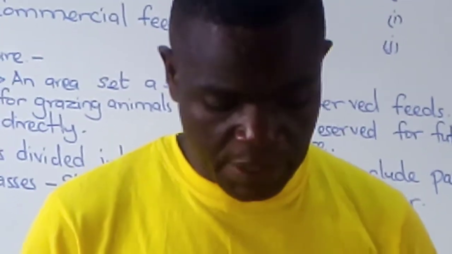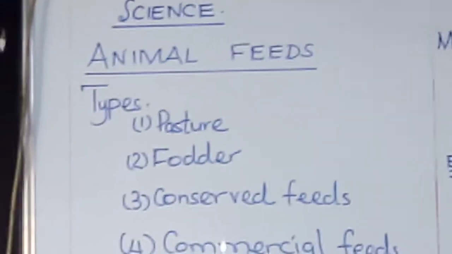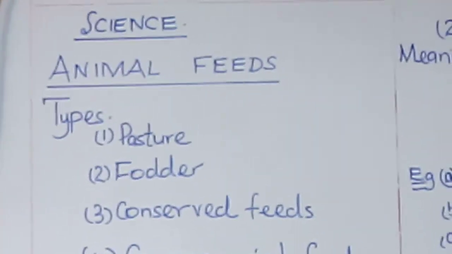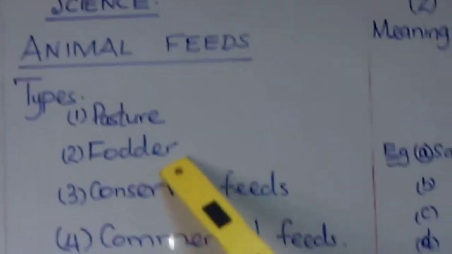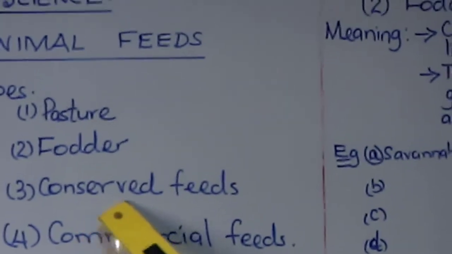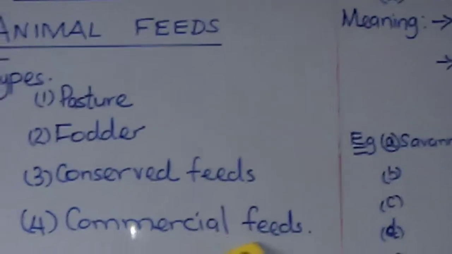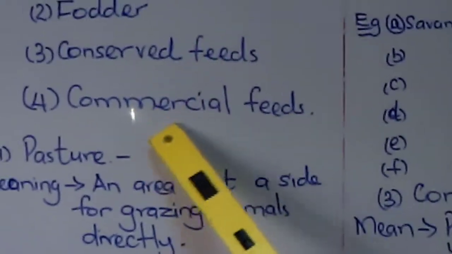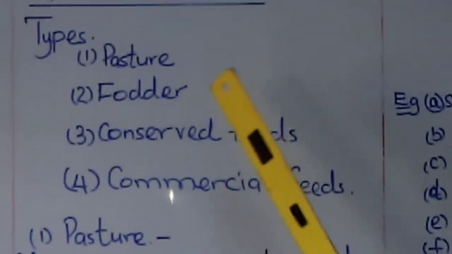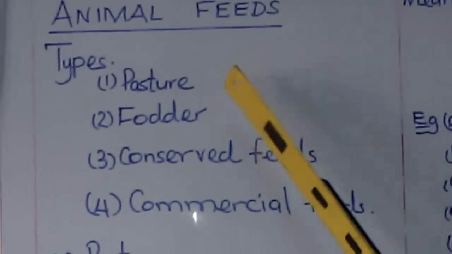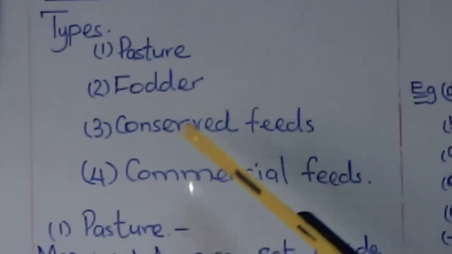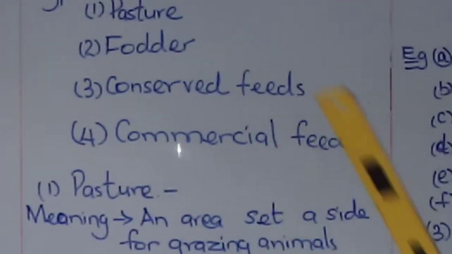Today we look at the types of animal feeds, and animal feeds are divided into 4 types: the pasture, the fodder, the conserved feeds, and the commercial feeds. Boys and girls, you need to know them.